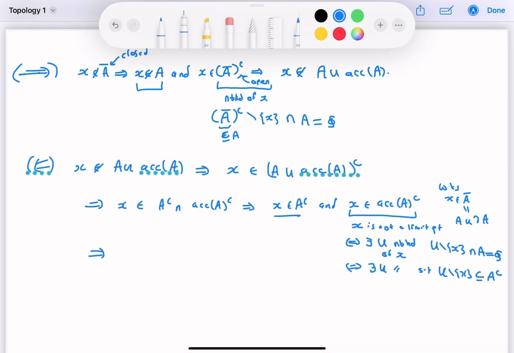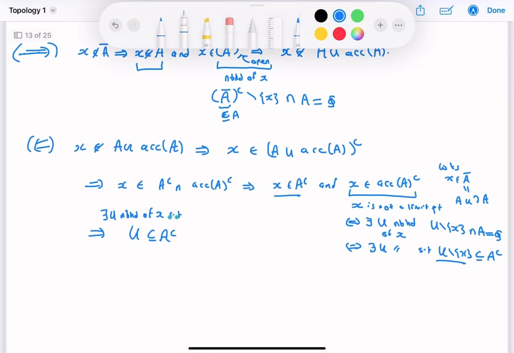So we have x is in A complement and this thing is in A complement. Then what do we have? We have that U is entirely in A complement. So there exists U, a neighborhood of x, such that it's entirely in A complement. But this, of course, violates the property that x is a boundary point.